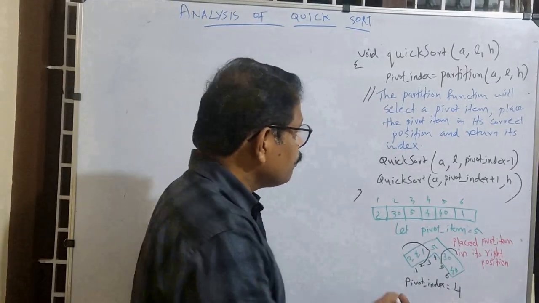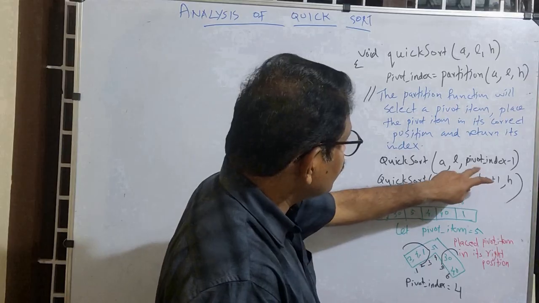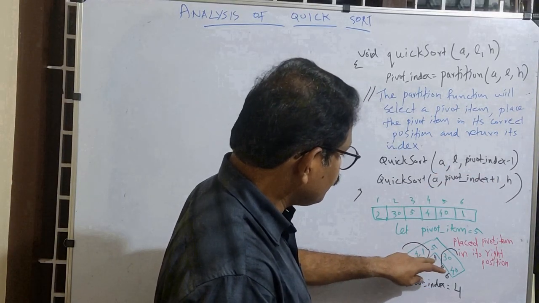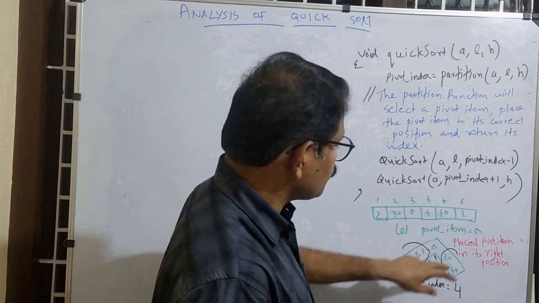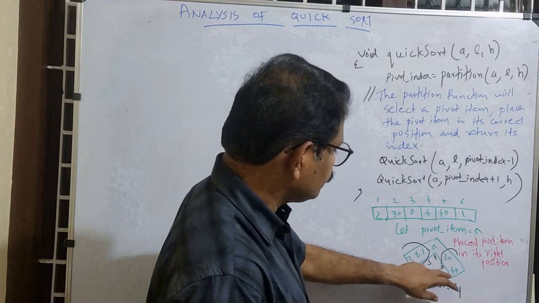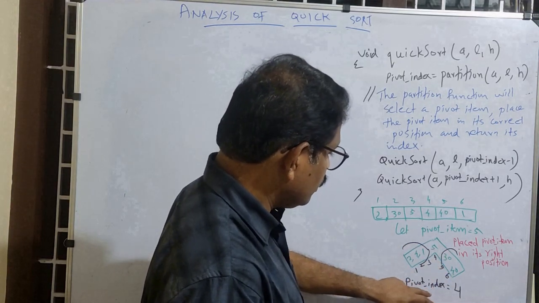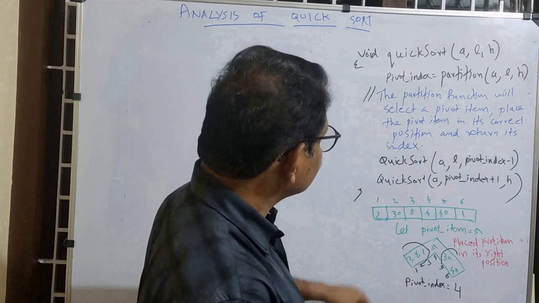That's why we are processing the lower index to pivot index minus 1. Our pivot index is 4. Then in the next call, it is pivot index plus 1 to the higher index. The partition function will return this pivot index.